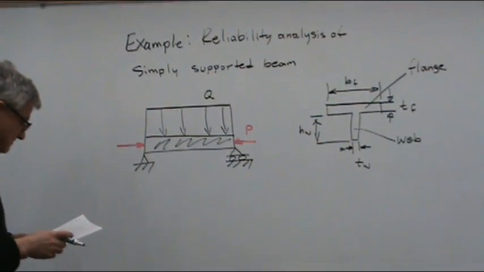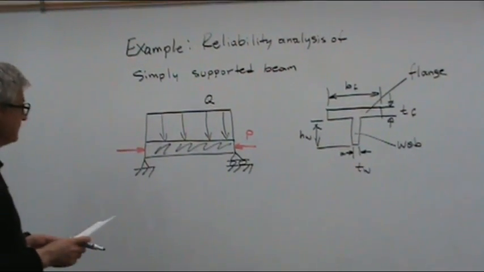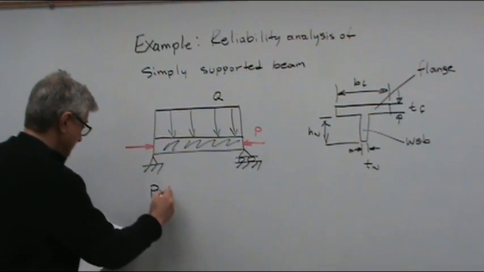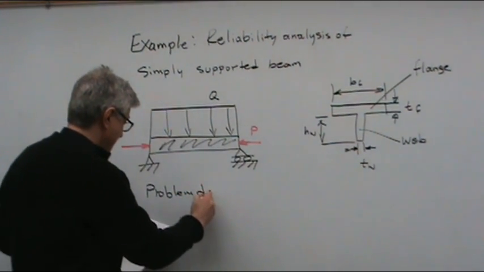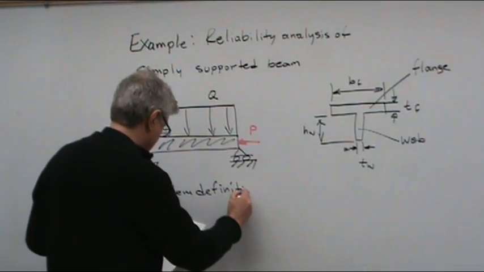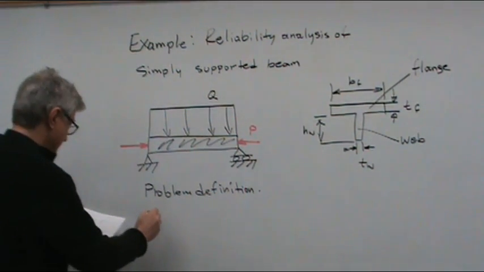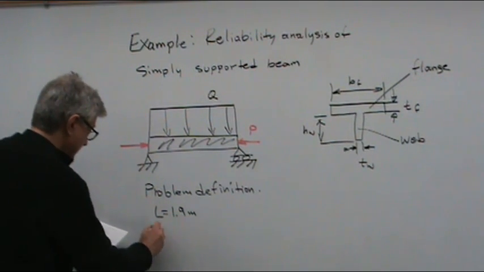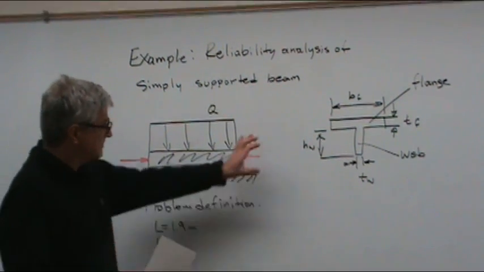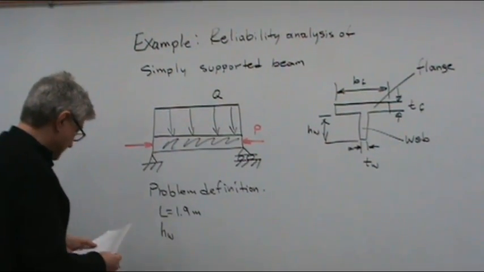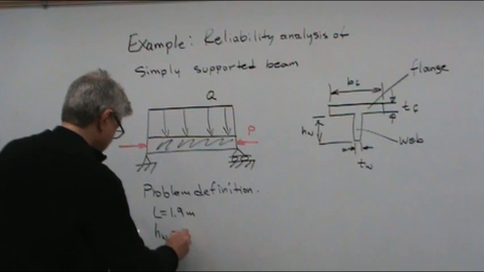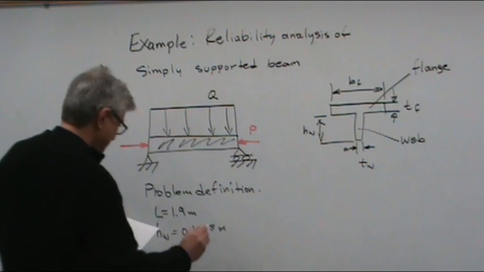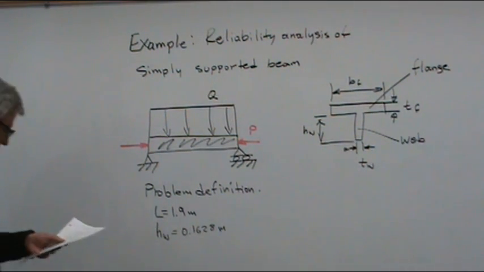Okay. So let's define the problem. The length of the beam is 1.9 meters. The height of the web is 0.1628 meters.